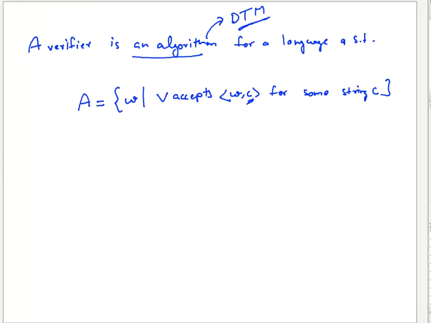In the case of the composites language, it is two numbers that you give as input. So the verifier takes that particular instance of the language, and in addition it takes another string as input and validates it, and based on that certificate you can decide whether W is part of A or not.